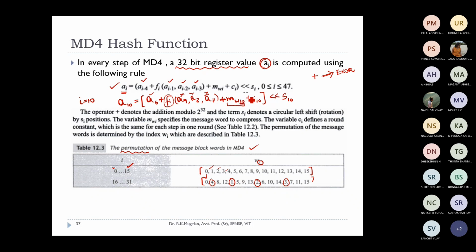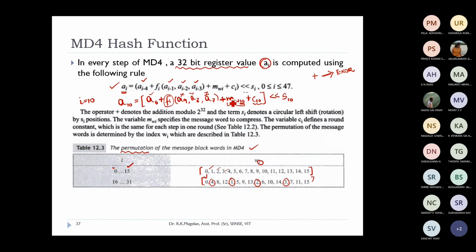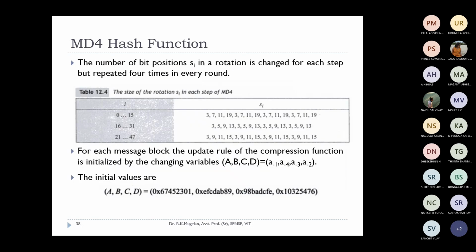Then after this we are going to XOR with the constant C10. Since I is equal to 10, we'll be using this as the constant value in this case. After performing all these things, I am going to perform a circular left shift. So Si denotes my circular left shift operation. How many bits do I have to shift left? It depends upon this table, the size of rotation.